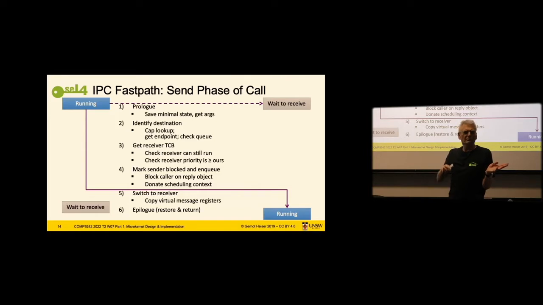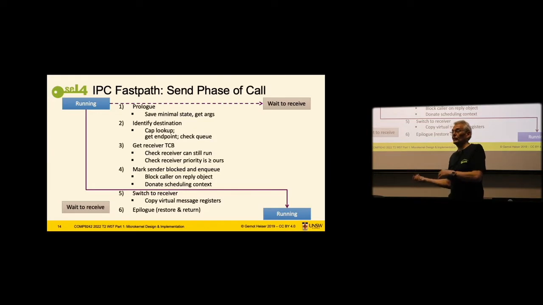Remember, before the break, I talked about how endpoints are implemented. No, that was actually week one. How endpoints are implemented, and they basically queue either senders or receivers. And the normal expected case is the receiver is waiting on the endpoint, and then the sender finds there is at least one receiver queued, and that's one condition for doing a fast path IPC.